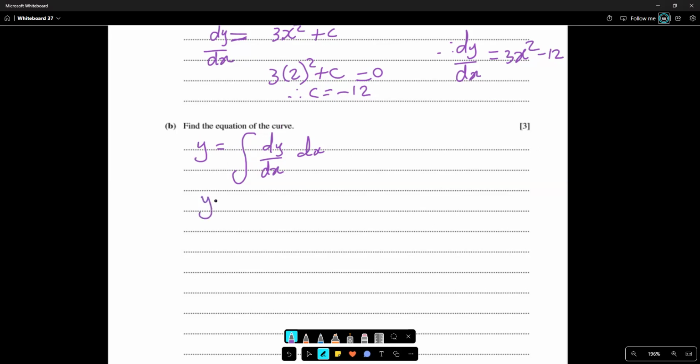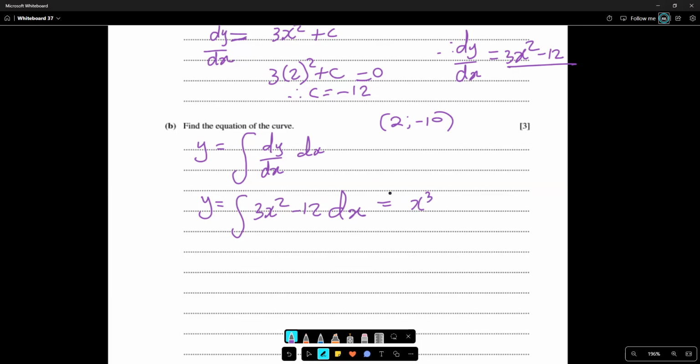Then you have y equals to, remember the point is (2, -10). So we have this now. Remember the first derivative is that. Right? Which gives us, here we add a 3. So you're going to have x to the 3. Then you divide 3 by 3, which is just 1.